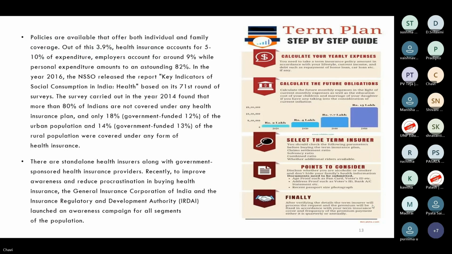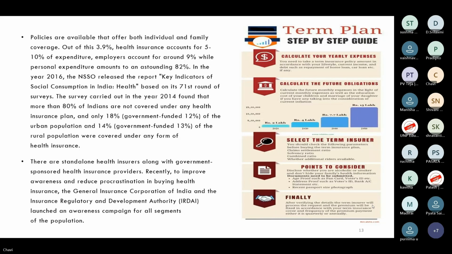Next, policies are available that offer both individual and family coverage. The NSSO releases the report Key Indicators of Social Consumption in India: Health, based on its 71st round of surveys. The survey carried out in the year 2014 found that more than 80% of Indians are not covered under any health insurance plan.